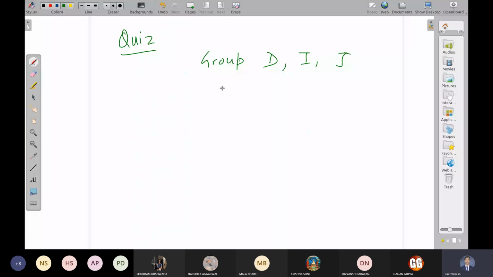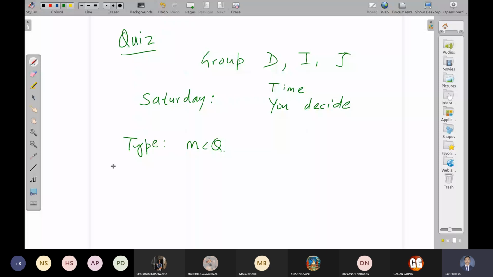The preferred day is Saturday. Time, you decide. It will consist of multiple choice questions, and it will be an online exam, possibly every Saturday.